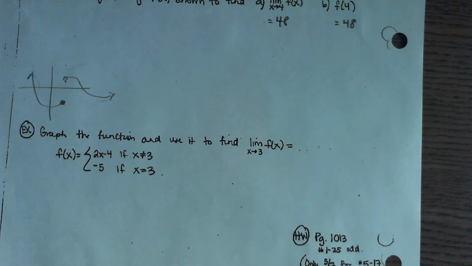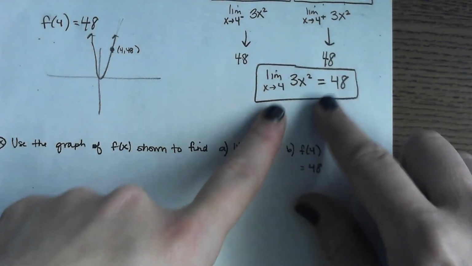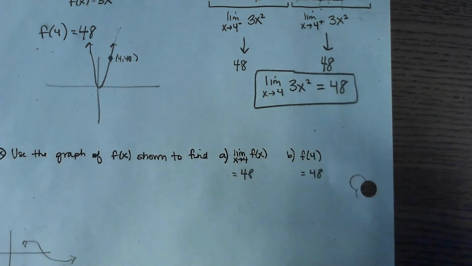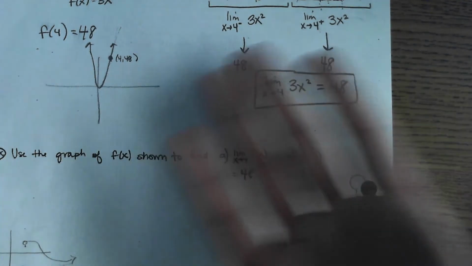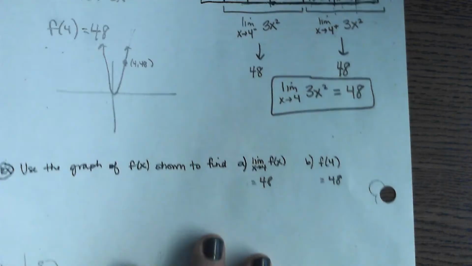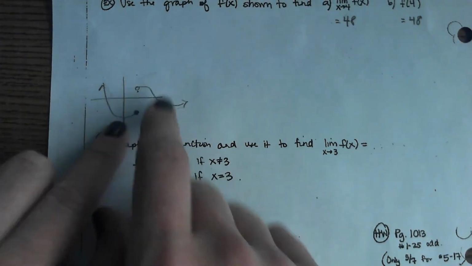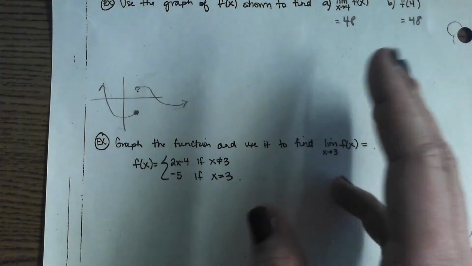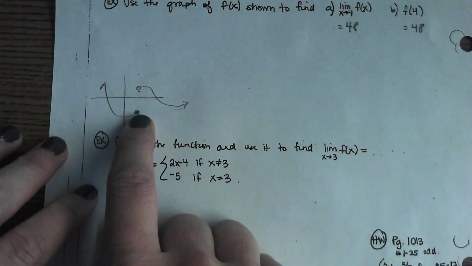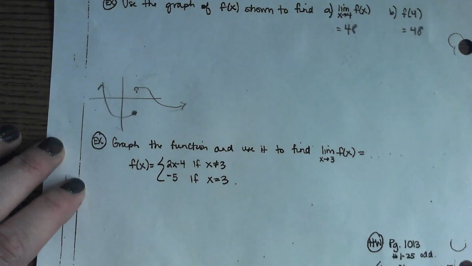Maybe they both exist and they're the same, like in this one. The limit from the left, the limit from the right, and the function value all exist and they're all the same. In this case, the limit from the left, the limit from the right, and the function value all exist, but two of them are down here and the third one's up there.